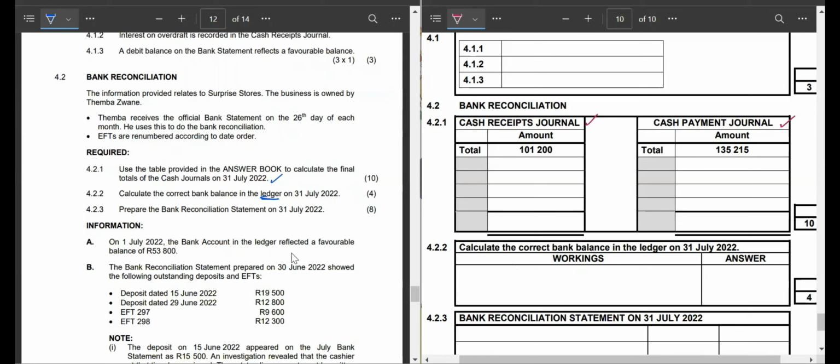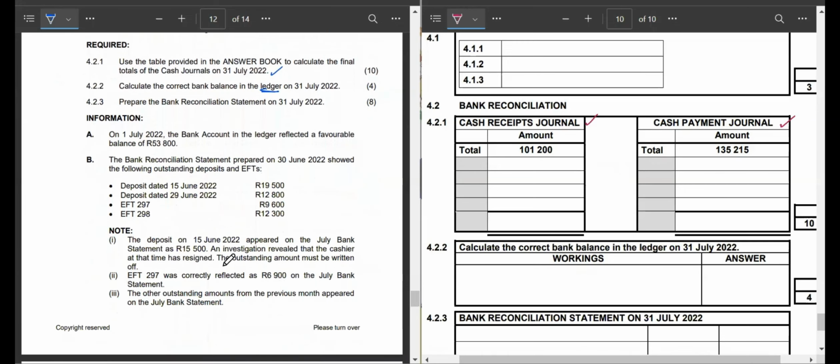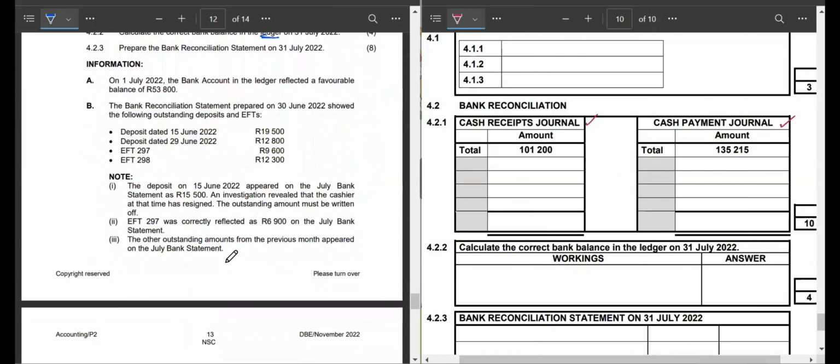All right, so let us begin by reading information A. It says, on 1 July, the bank account in the general ledger reflected a favorable balance of 53,800. It is very important that you understand they're talking about the bank account in the ledger. So that is going to be part of 4.2.2.